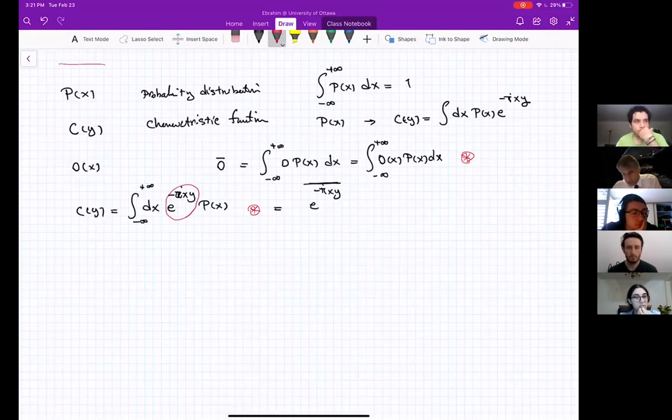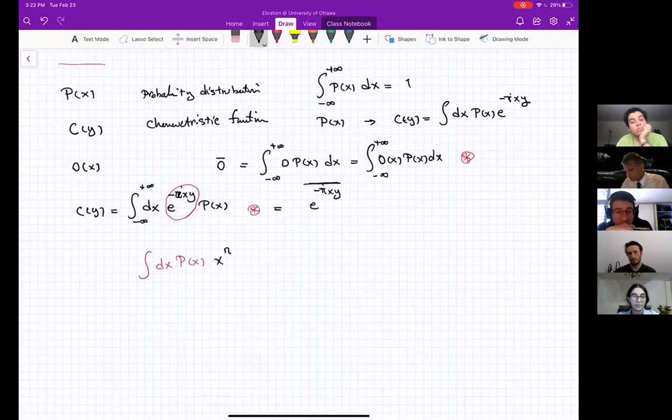So any operator that you have, those standard things, are essentially polynomial series. So what we are dealing with usually in the probability calculation is something like that, integral of dx of p(x), some operator, which is a polynomial, let's say a polynomial of x to the power of n.